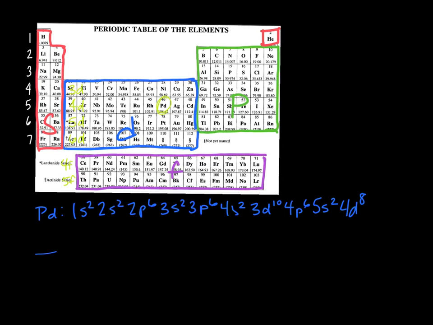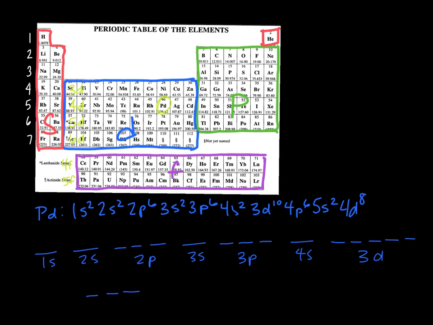So we've got a 1s orbital, a 2s orbital, a 2p orbital, a 3s, 3p, 4s, 3d, 4p, 5s, and 4d.